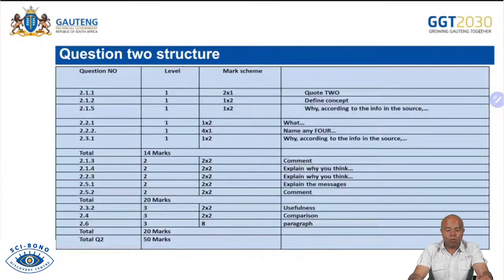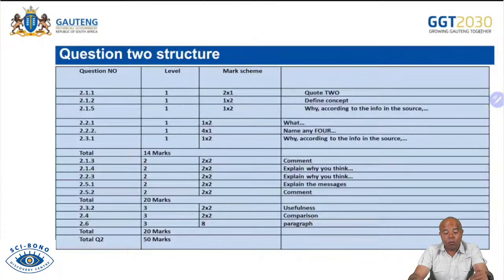Then we go to level 2 questions. It starts at 2.1.3 and it ends at 2.5.2. So when it stops there, at 2.5.2, now we can clearly see, when we look at the questions being posed: comment, explain why you think, explain the messages, comment. So when we look at all those questions being posed and you look at the mark allocation, we see level 1, 14, level 2, 20.